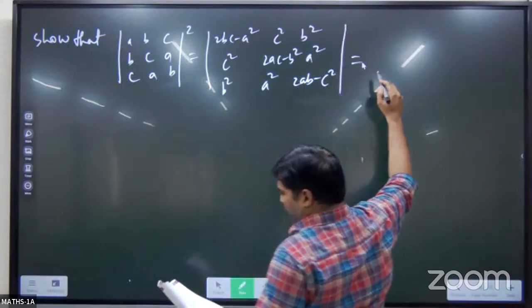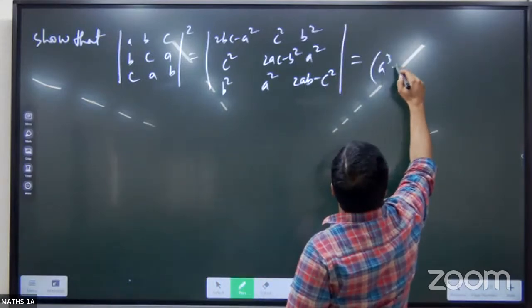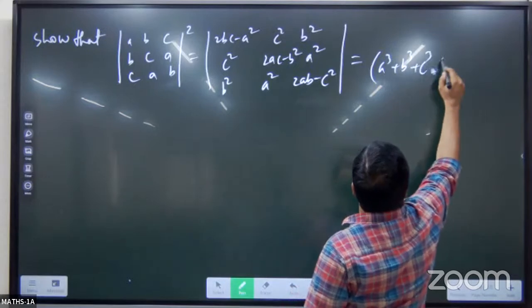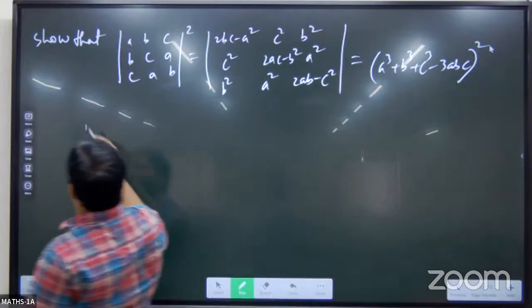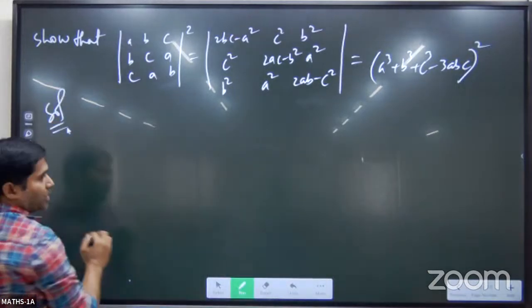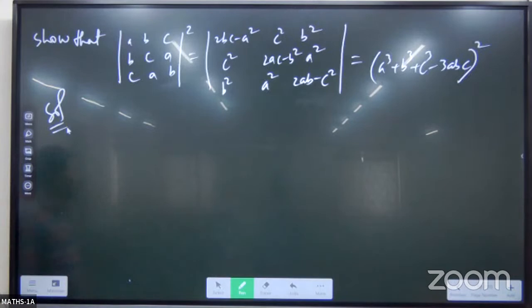What I have to show is that this equals A cube plus B cube plus C cube minus 3ABC whole square. Okay, now see the solution, everybody, which is very, very important.